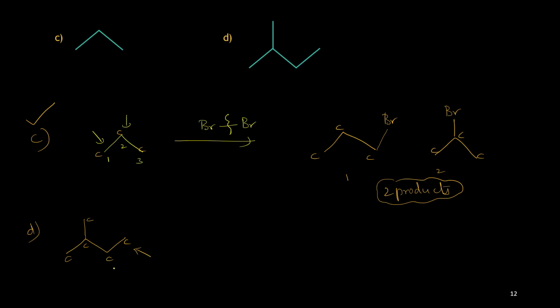I can attach my bromine here. And I can also attach my bromine here. And I can also attach my bromine here. So how many possibilities are we getting? Total 4. So there are 4 different possibilities, so I'll be getting 4 different products. So this is also not my option. So the option is C.